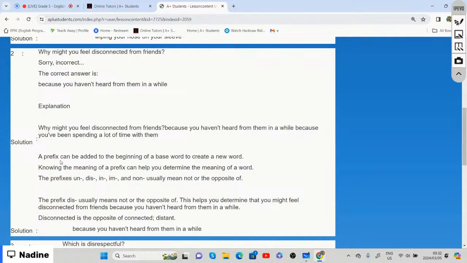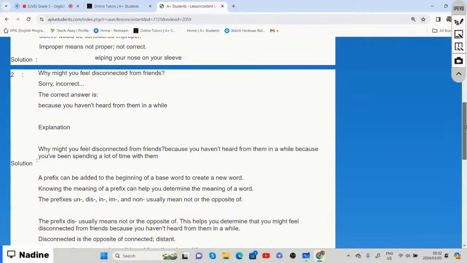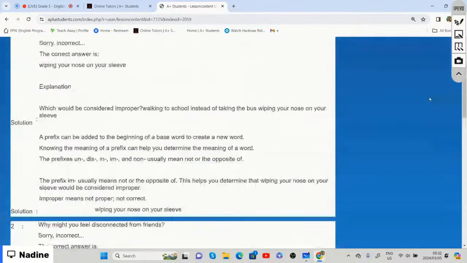Those are the words with the prefix dis. And remember, I said that it is a negative prefix, right? So it means not. All right, so now we're going to our test.